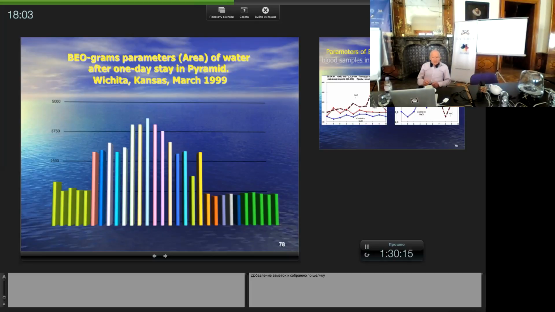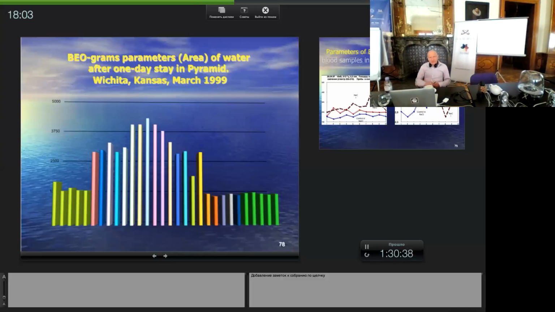You know that it's possible in Egypt. You can pay money and rent some time in the Cheops pyramid where no one is allowed to come except your group. It costs some money, but it's possible. So they measured people outside and then inside the King's Chamber. For all people, energy dropped down tremendously.